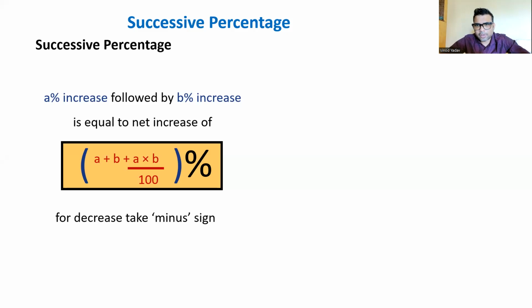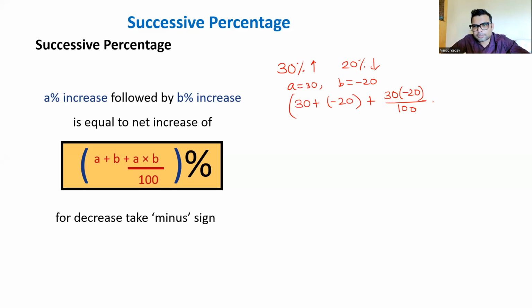For example, if I have, let's say, 30% increase followed by 20% decrease, what will be the net change? A is 30 and B will be taken as minus 20. A plus B plus AB over 100, the whole percent. 30 minus 20, 10, and minus 600 upon 100, so minus 6.